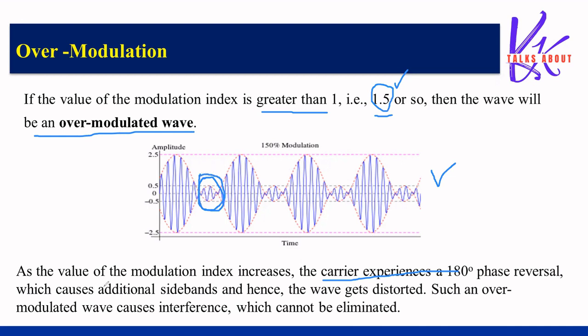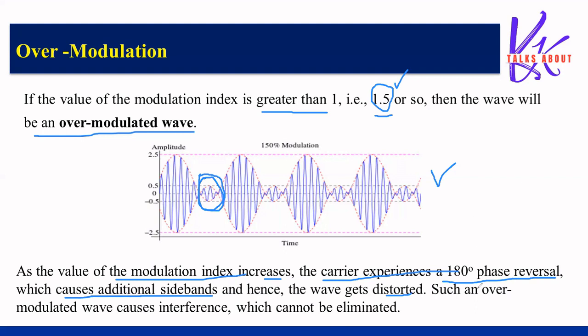As the value of the modulation index increases beyond 1, the carrier experiences a 180 degree phase reversal, which causes an additional sideband, hence the wave gets distorted. Such waves cannot be retrieved back during the demodulation process.